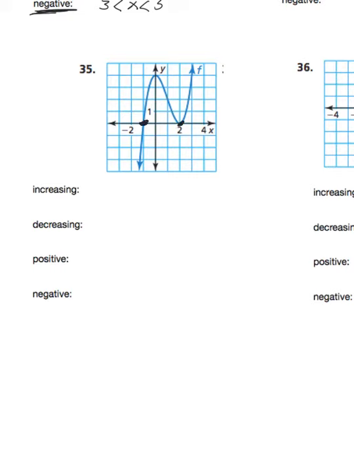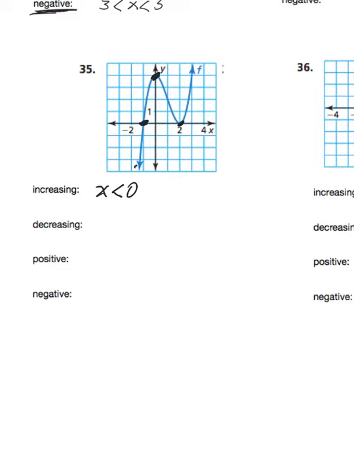So the question is, where is it increasing? Increasing means where is it leaning right. It increases until we get to the y-axis, which is 0.